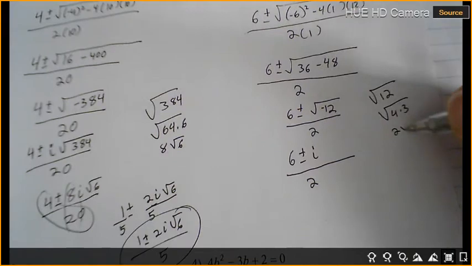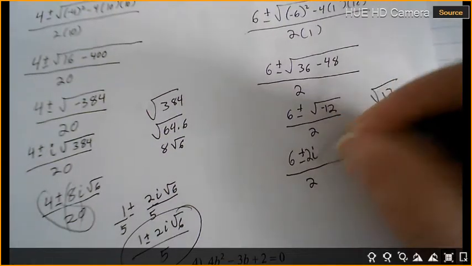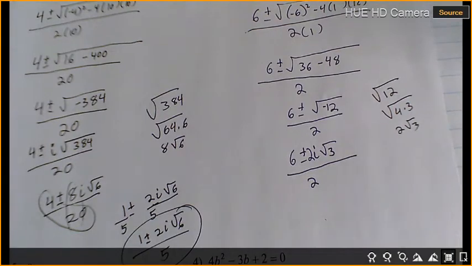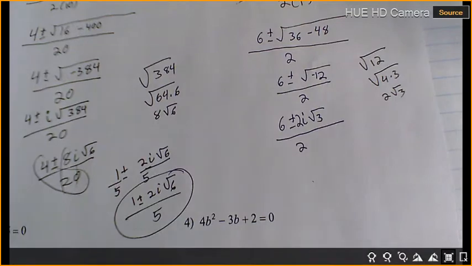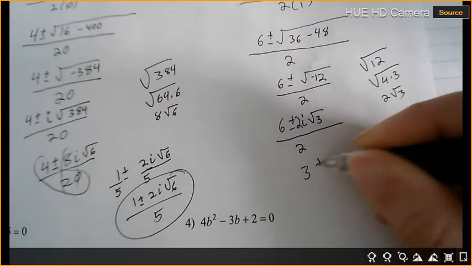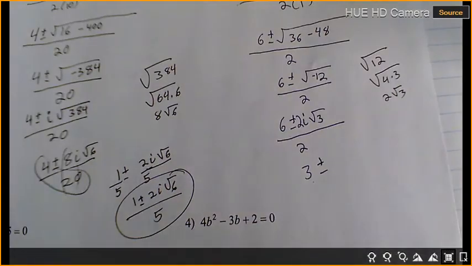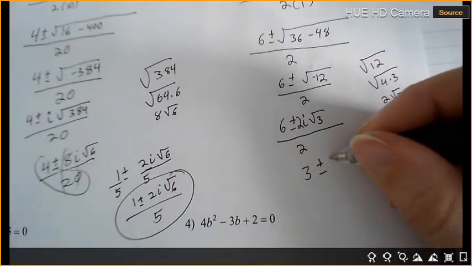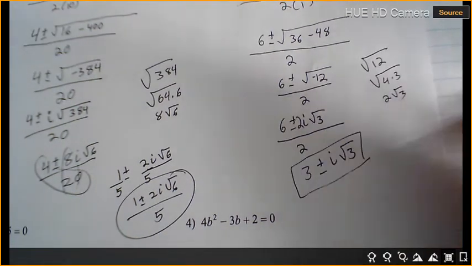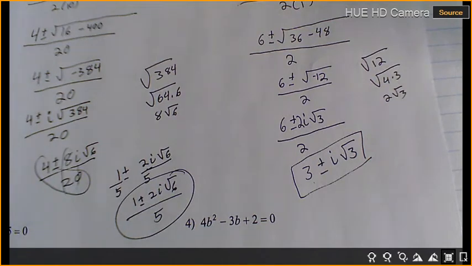So we get 2 square root 3. So I have 2i square root 3. Now my last step is just to reduce. How many times does 2 go into 6? 3. Plus or minus, 2 divided by 2 is what? 1. So it's 3 plus or minus i square root 3.